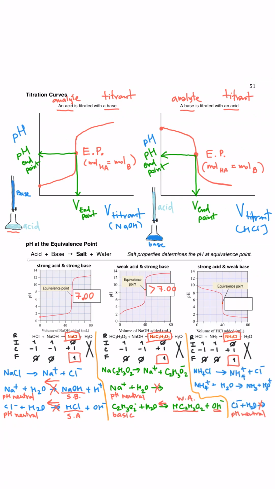Next, let's take a look at when a strong acid such as hydrochloric acid reacts with a weak base such as ammonia. The salt that will be produced would be ammonium chloride. At the equivalence point, where there is no more acid and base, only salt is left, you will have the salt ammonium chloride that can hydrolyze in water into ammonium ion and chloride ion.